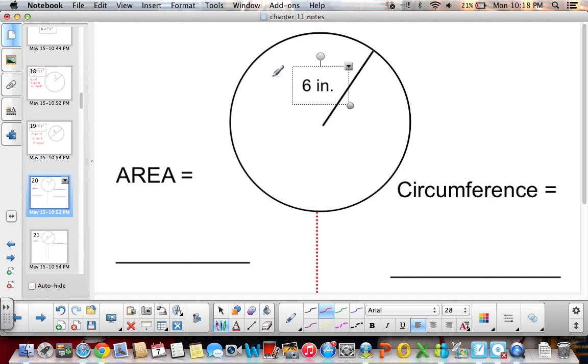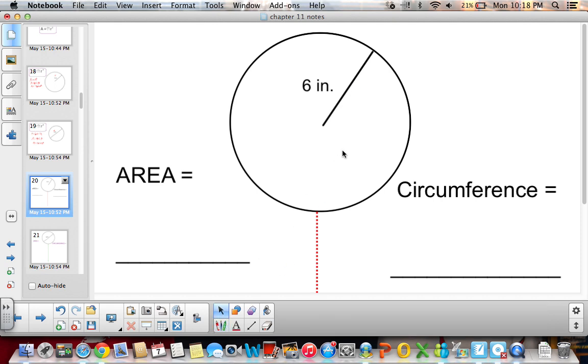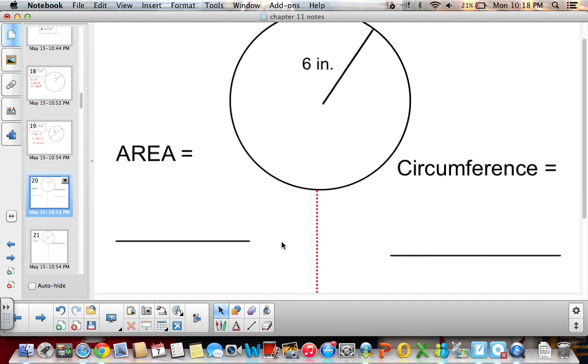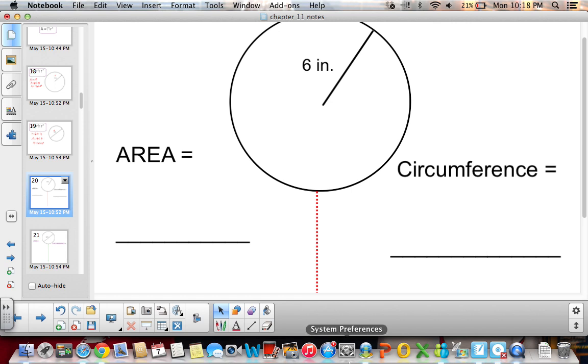Okay, so really quick, let's look at the difference between area and circumference. So if we're given this circle with a radius of 6 inches, I like to always label it so I remember this is my radius. So this is how I would solve this problem. I'm going to write my formula right above so I know exactly what I'm working with. I'm given my radius, and I have to plug in my radius right here.